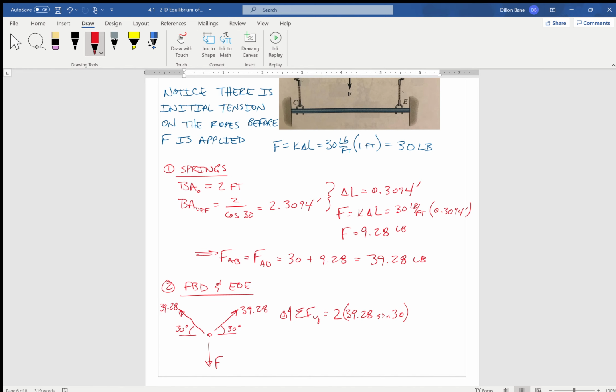That's positive because they act up. Subtract F out for the force that acts downwards. It's all in equilibrium, so set it equal to 0. And what we find, you just solve that equation, is that F actually comes out to be 39.28 pounds because sine 30 is 1/2. Okay?